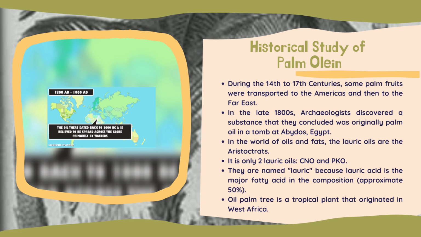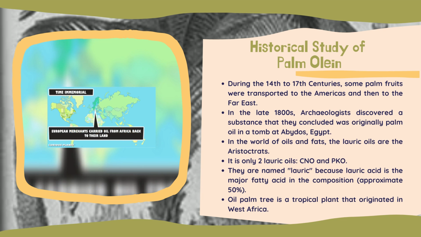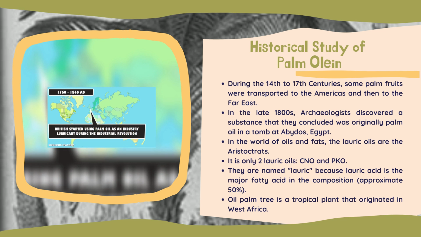In the late 18th century, archaeologists discovered a substance that they concluded was originally palm oil in a tomb at Abydos, Egypt, dating to around 3000 BCE, which meant several kg of palm oil were found in a vessel enclosed in a tomb at Abydos.